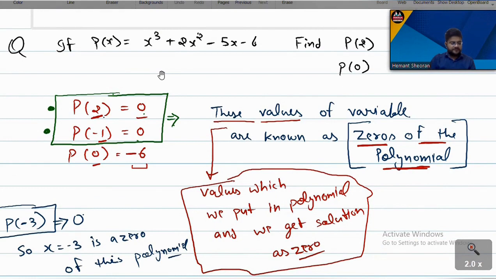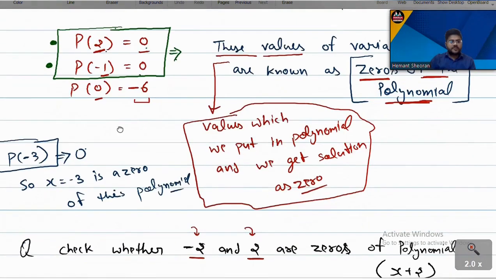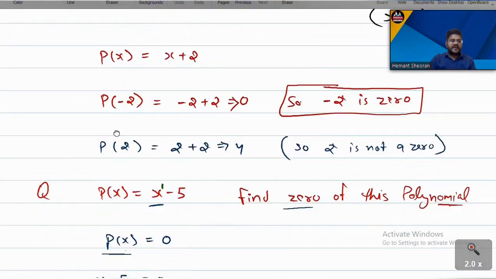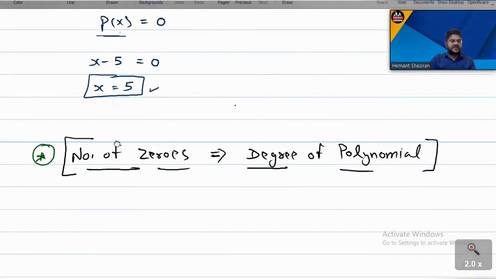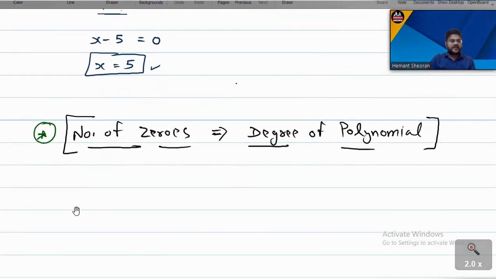No, I mean how many values of the variable are there such that when you put them in, you get an answer 0? How many values are possible? At the end we discussed that the number of zeros will be equal to the degree of the polynomial. Okay?